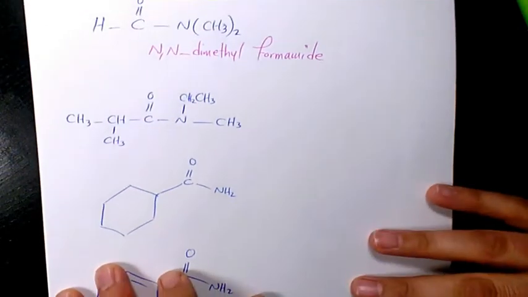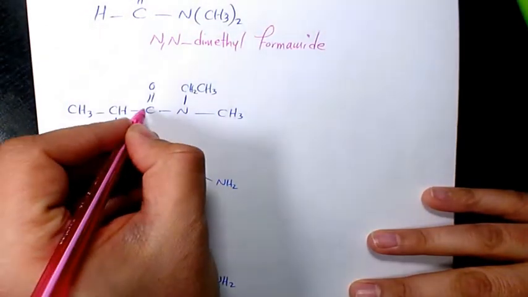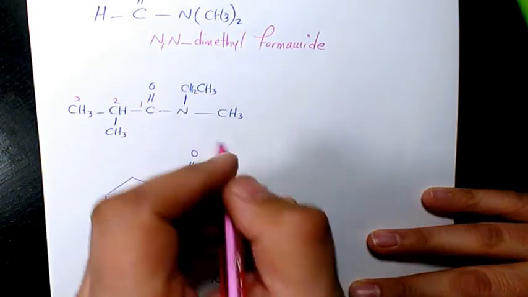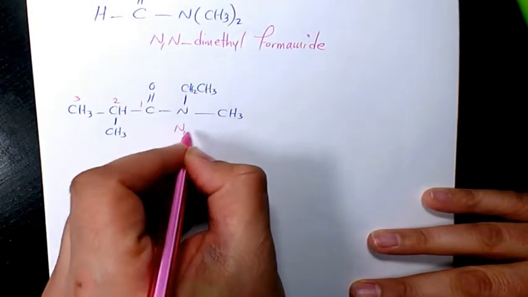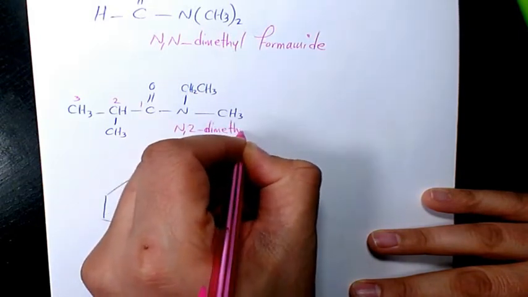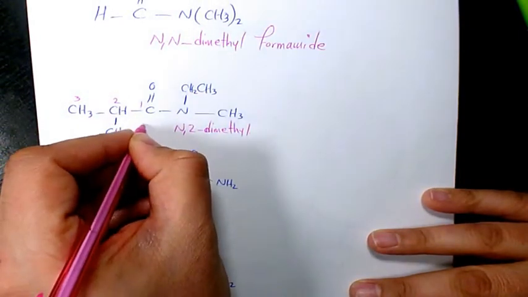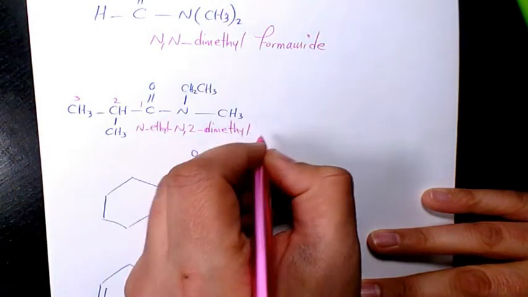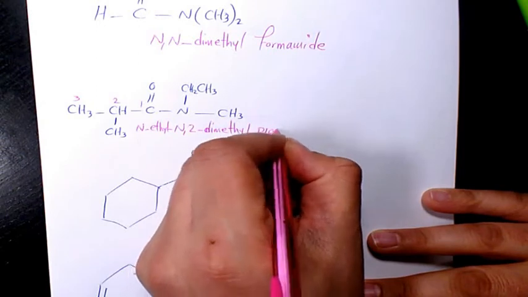Next one. We have 1, 2, 3. We have ethyl. And we have methyl, so it's going to be N-2 dimethyl. Here we have N-ethyl, propanamide.